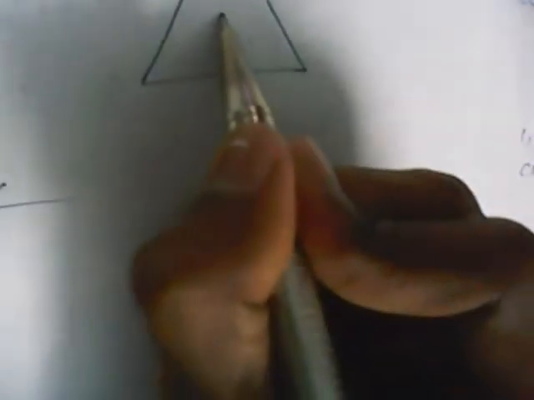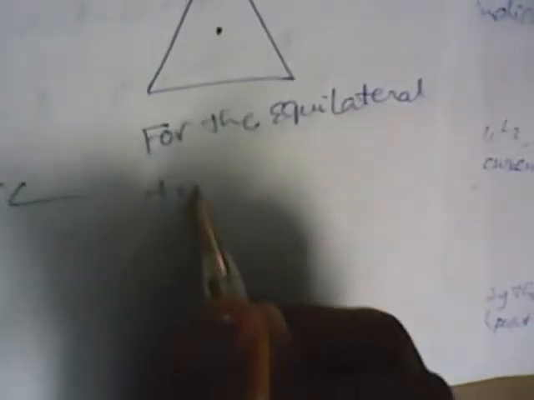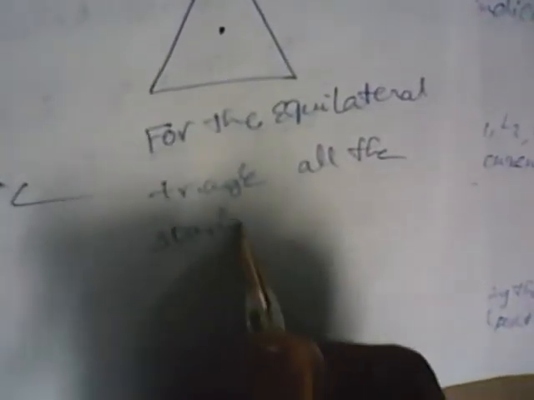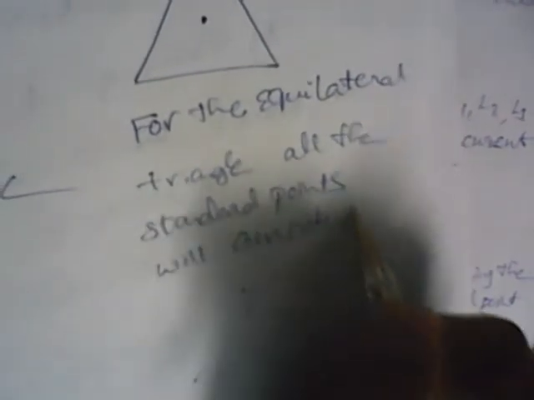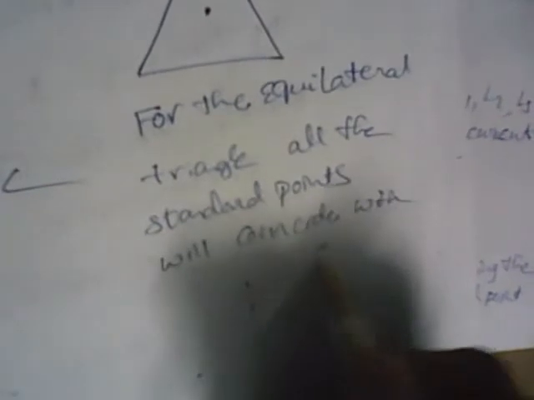Okay, now for an equilateral triangle, all the standard points coincide with each other.